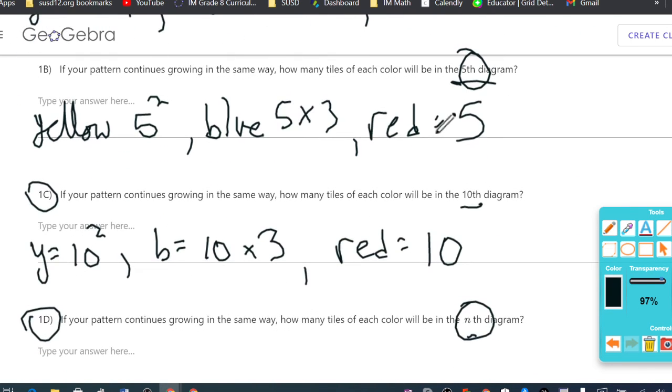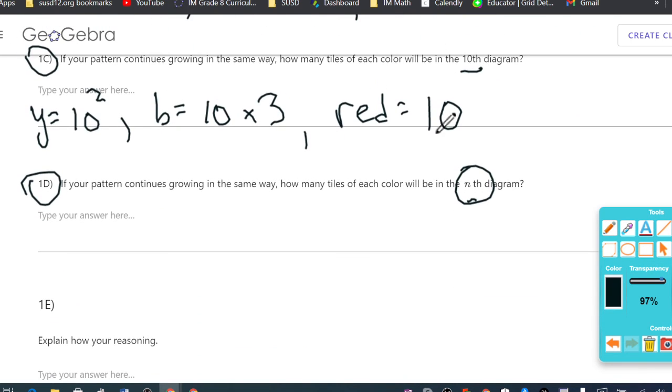Just keep on going. Well, whatever n is, we can find that the yellow blocks, which is just a square, is going to be n, whatever n is, squared. So if n equals 20, it's the 20th sequence, then it's 20 squared. For the blue blocks, it's a multiple of 3.